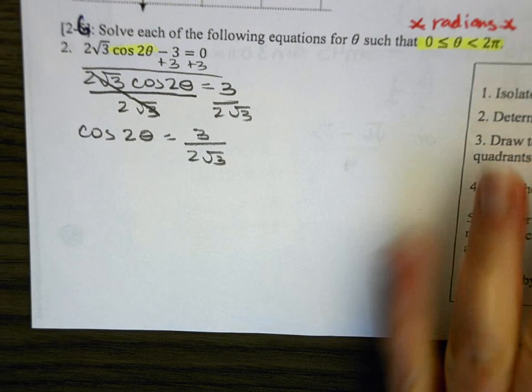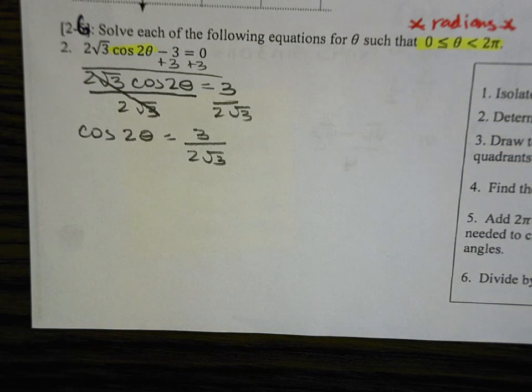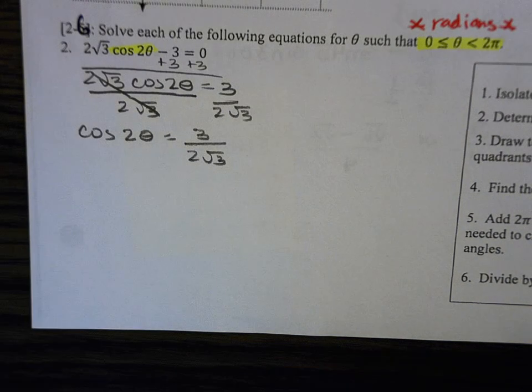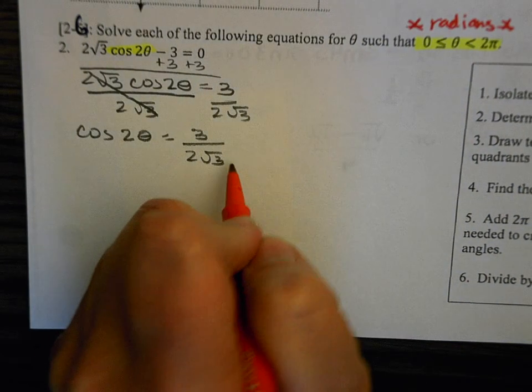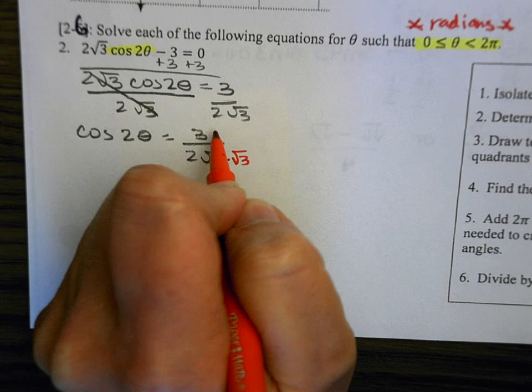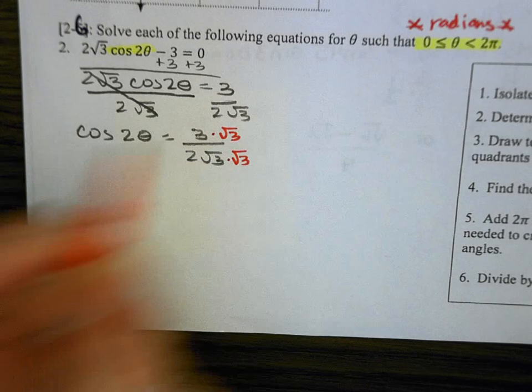So when I get to this point, I can see that this is certainly not a ratio on the unit circle, and I have a radical in the denominator, which is not how we have any of those set up. So it's not that we have to rationalize, but we want to rationalize so we can see what we're working with here. So then I'm going to multiply the numerator and the denominator by root 3.